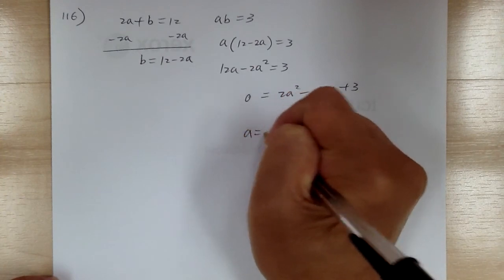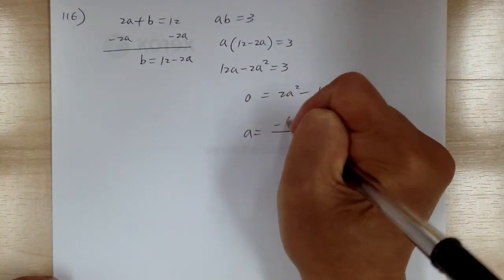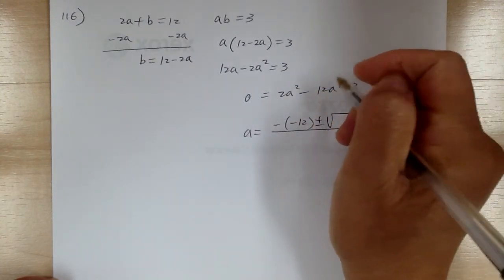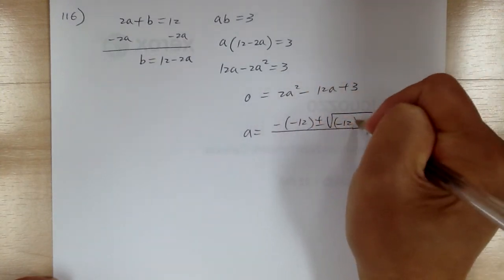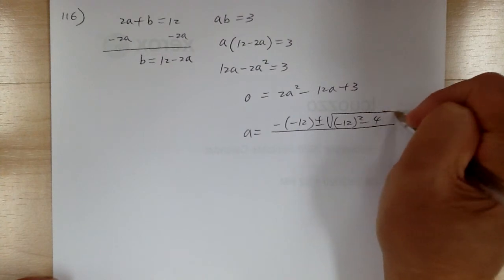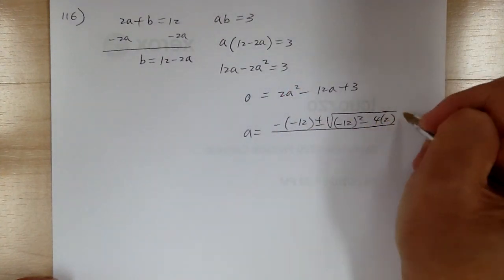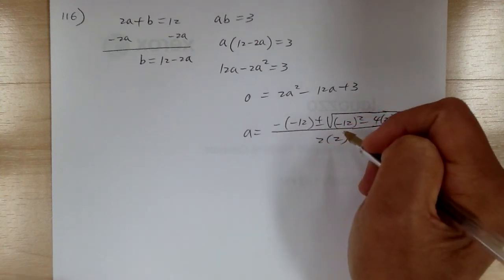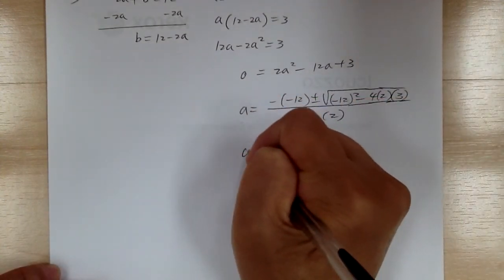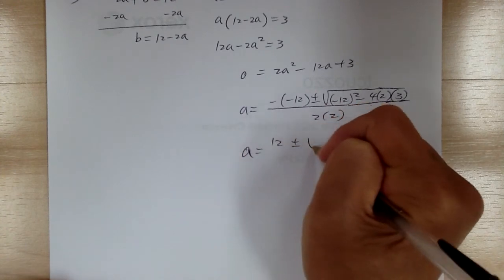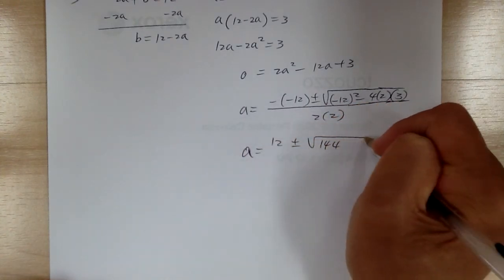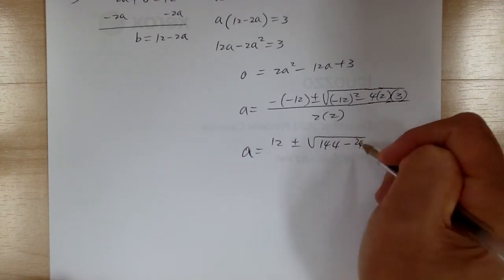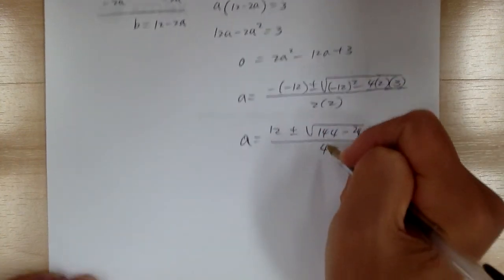So a equals negative b plus or minus the square root of b squared, and b squared is this over here, minus 4ac, over 2a. So a equals 12 plus or minus the square root of 144 minus 24, over 4.